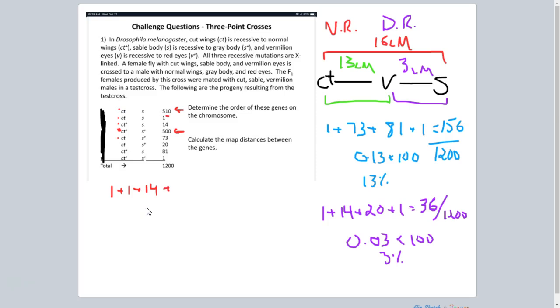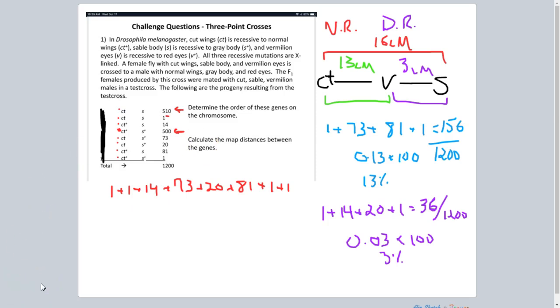It doesn't match. We count it. This doesn't match. We count it. The next one doesn't match. We count it. These are all single recombination events between CT and S. And then the last one matches, but of course, just like before, that's a double recombinant. That means two recombination events occurred for every progeny there. We'll count that one twice. And we add all of these up.